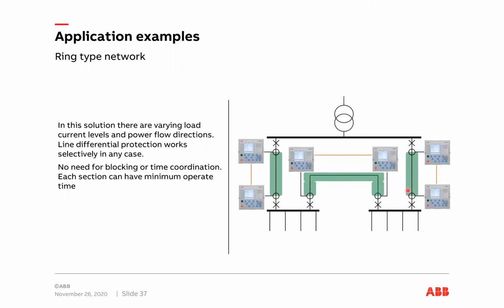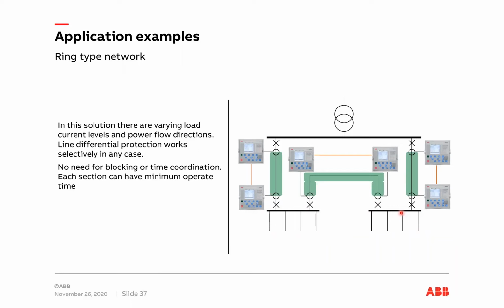Faults, for example, on one part of the network will not influence the other parts. In that case, only the faulty part will be disconnected, and we still have power to all other feeders and loads that we have in our ring network.